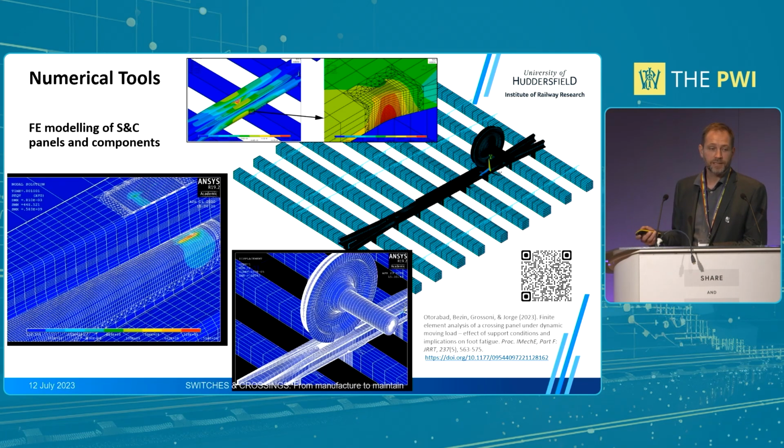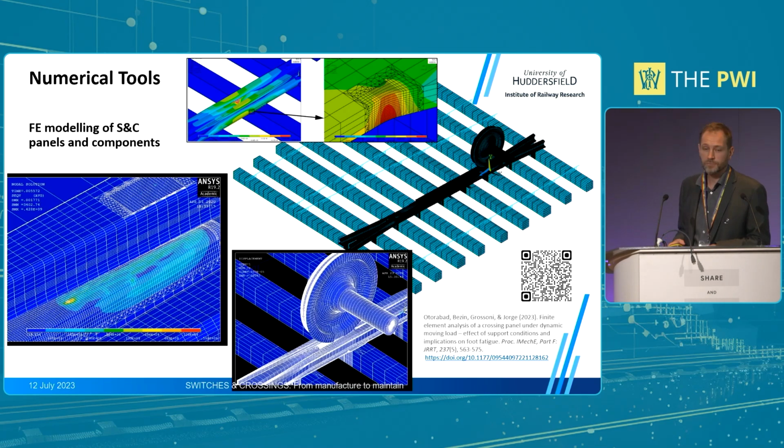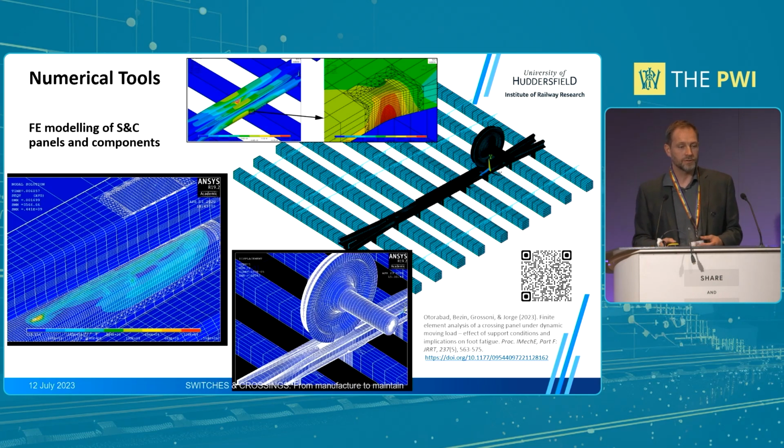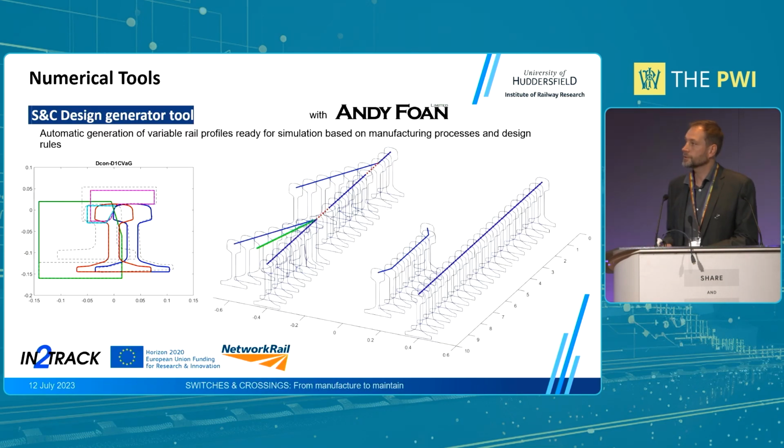You can introduce plastic material into the crossing nose to understand plastic deformation and residual stresses in the crossing nose. With these tools, the problem is that it becomes quite heavy to use and possibly days of simulation, so it's difficult to really embrace all the other conditions coming around this that might influence certain crossing or certain design.